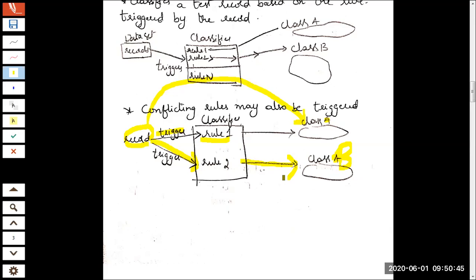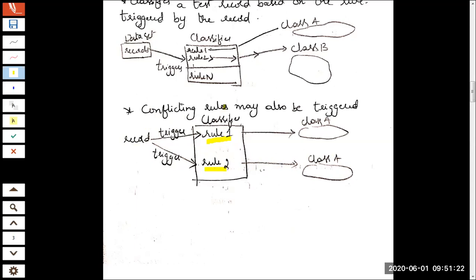To achieve this, it should only trigger appropriate rules which will take it to that class. For example, in this example, this new record should trigger only rule 1 or rule 2. But what is happening here? You can observe it is triggering both rule 1 and rule 2. That should not be the case. If such things happen within your classifier, we call them conflicting rules.